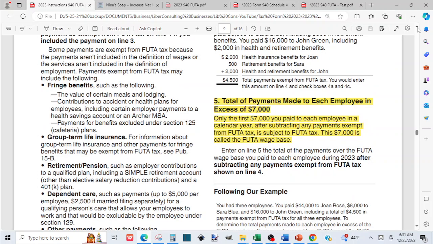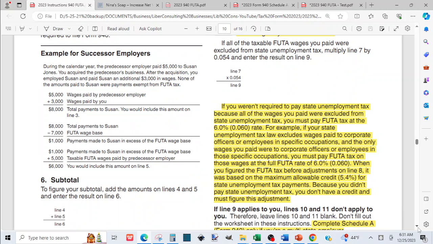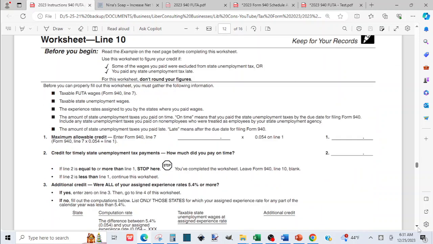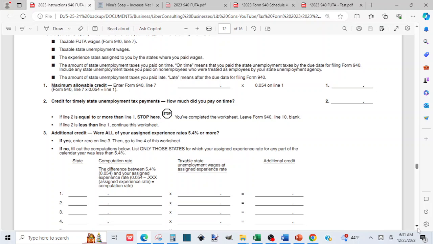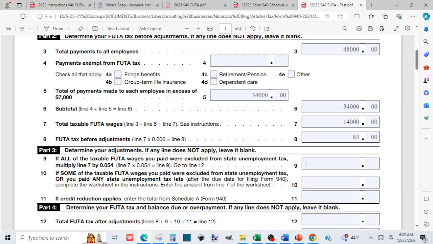Yeah, page 12 of the instructions has the worksheet that you will use to determine the portion that you will pay the full 6% to the IRS on, and the portion that you will pay less than that on. So we are not going to go through the worksheet, but the worksheet is there. Okay, so we are going to leave line 9 blank, line 10 blank, and line 11.